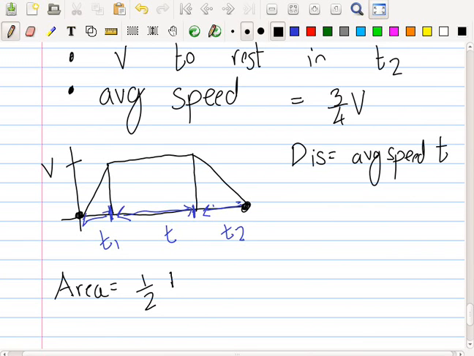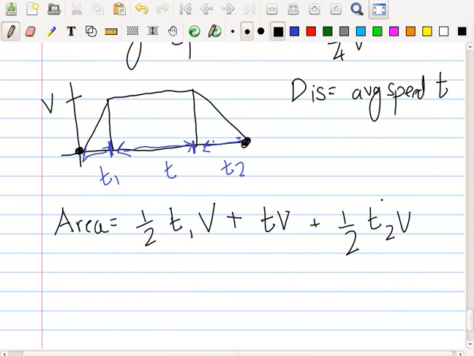A half T1 multiplied by V, plus T times V, that's this one, and now this one plus a half T2 V. That's the area. But what does area equal? Distance.